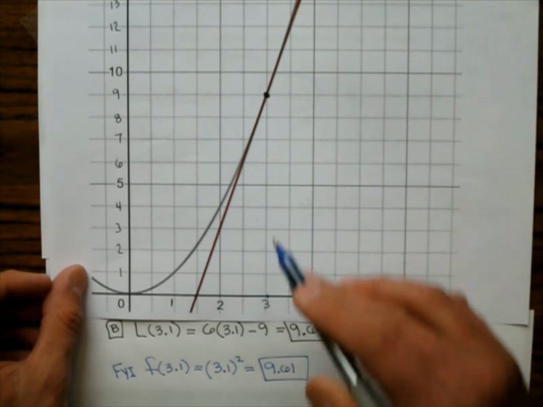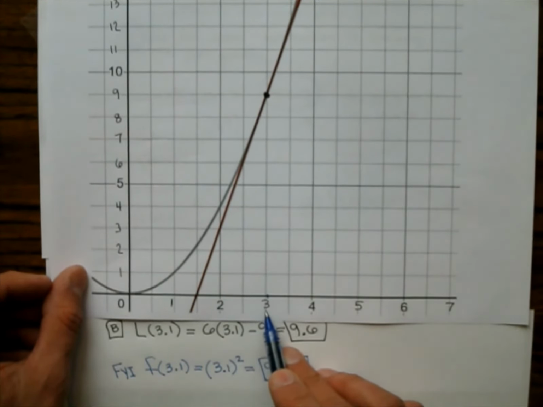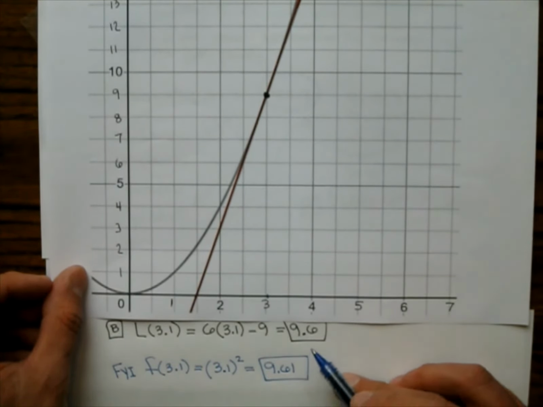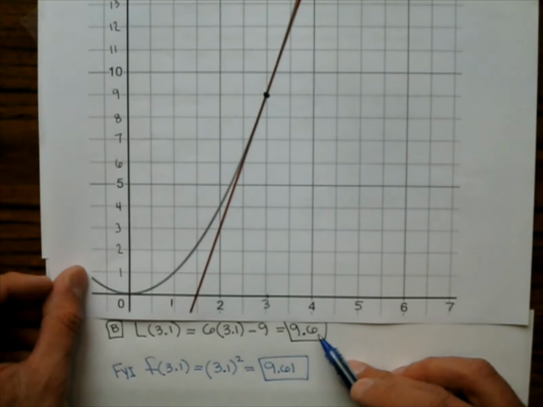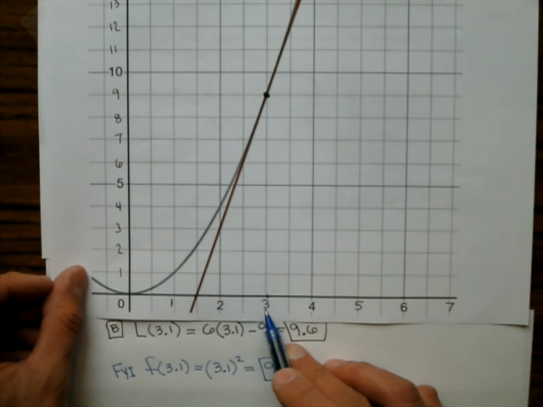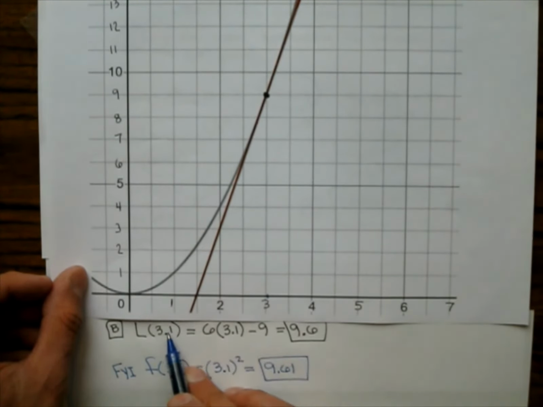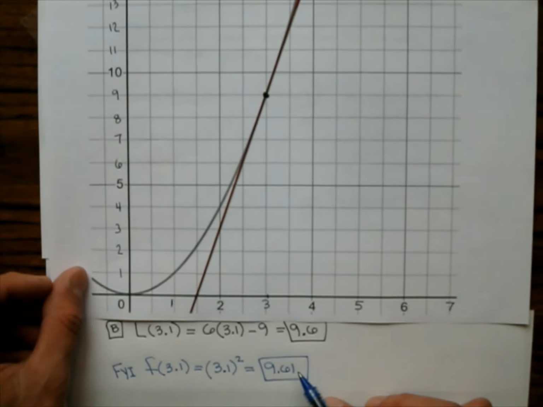But we took a value that was really close to 3, like 3.1, and these are going to be almost the same. Now, if I took a point that was further away from 3, like 2 or 1, then those altitudes or y values of both of those graphs are not going to be close together. And so this is why it's called the linear approximation.